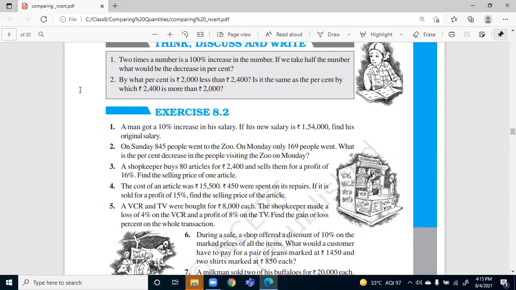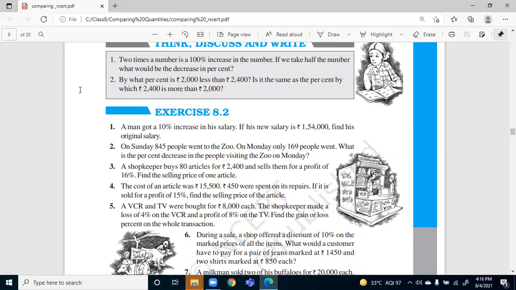So there can be an increase in salary or there can be a decrease in price. So we need to understand what we should do if it increases, and what we should do if it decreases. So let's start from exercise 8.2. I will guide you at each and every step.